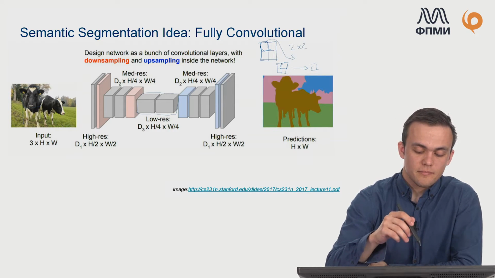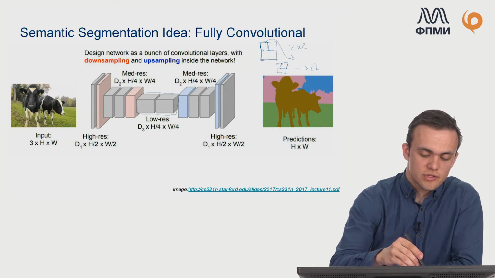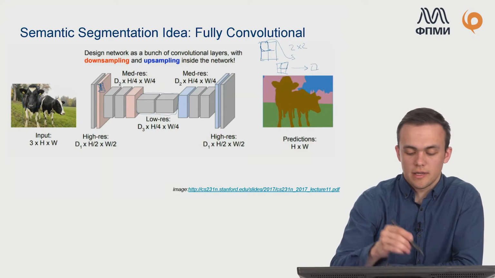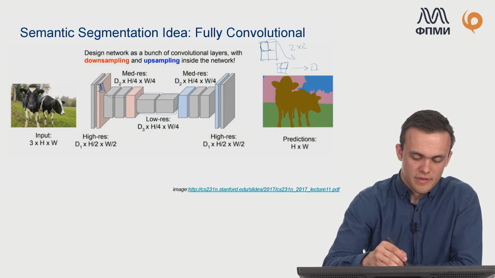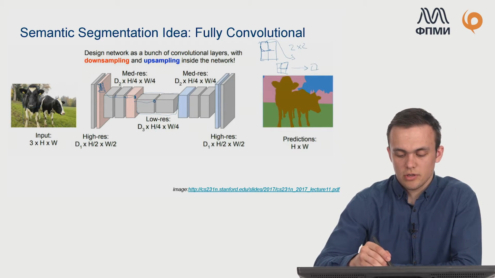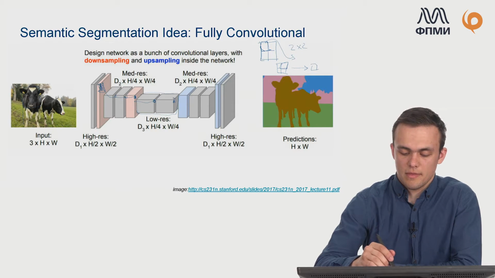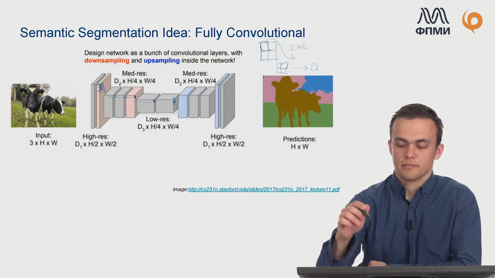But in this solution, you need to store this information. For example, there is a cow in the top left corner. You need to store this information here, and do not lose it, that there is a cow in that particular region.